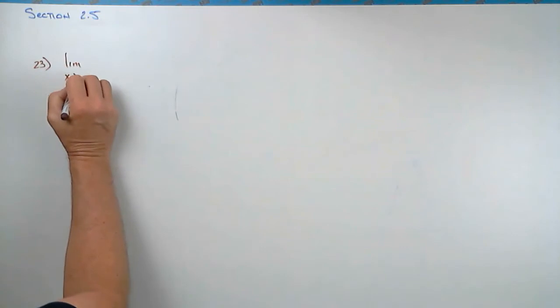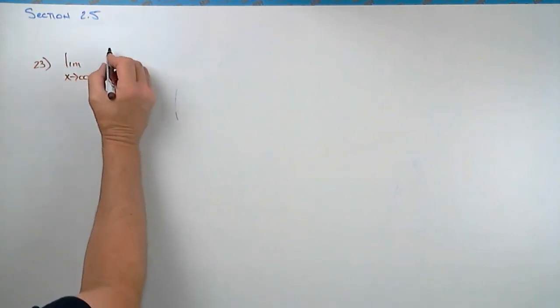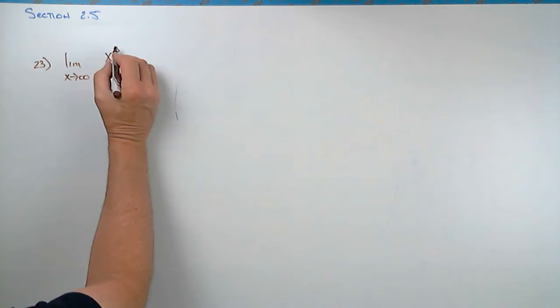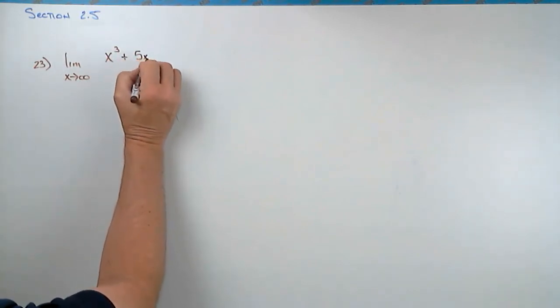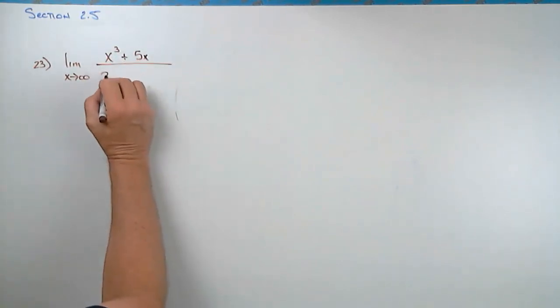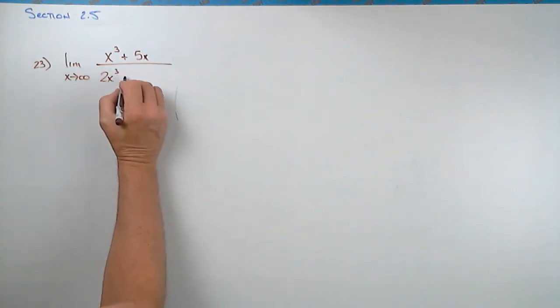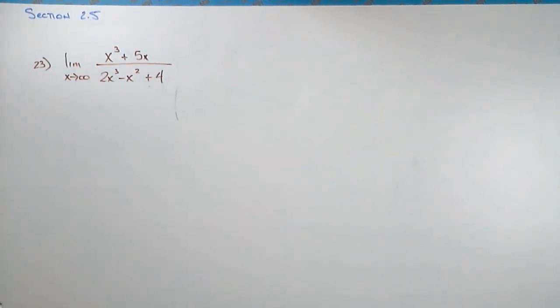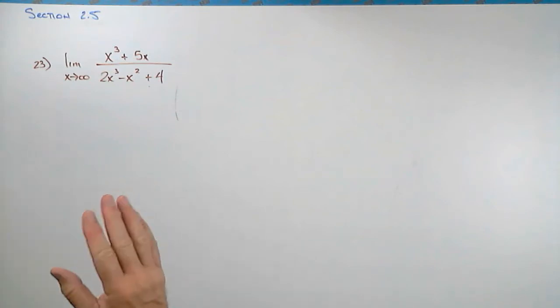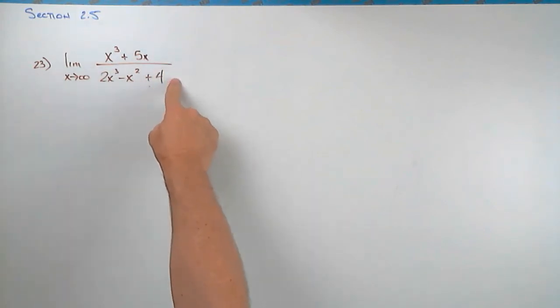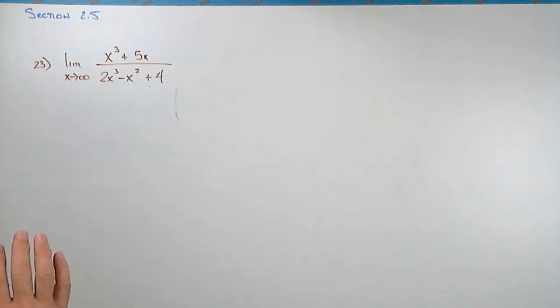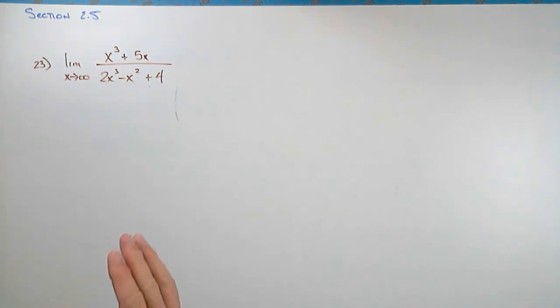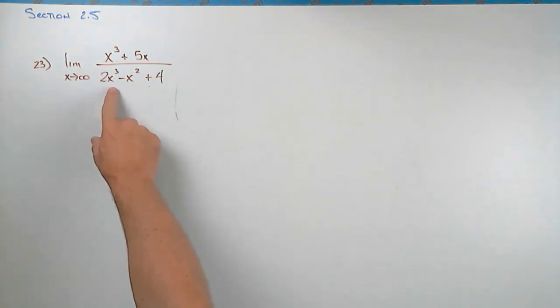This is the limit as x approaches infinity of x cubed plus 5x divided by 2x cubed minus x squared plus 4. Now, we talked about a problem similar to this in class on Wednesday, and we said, okay, if we have a rational function such as this, polynomial divided by polynomial, our approach is to divide the top and the bottom by the highest power of the x term in the denominator.